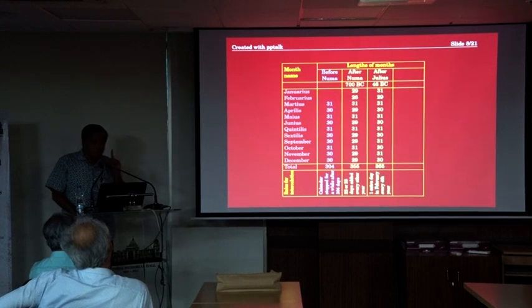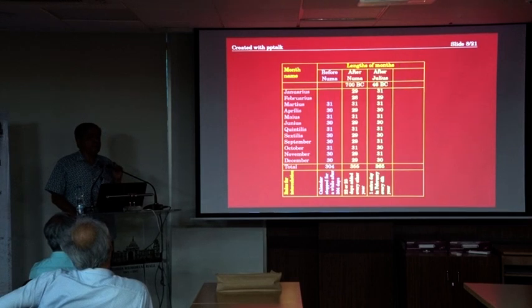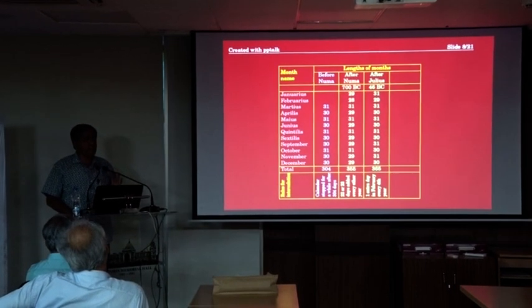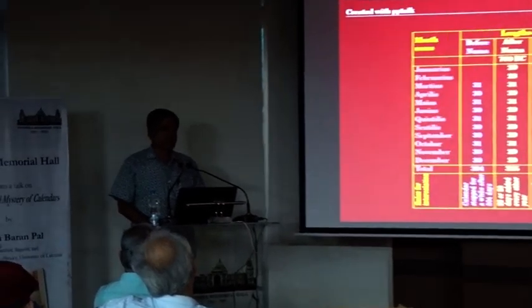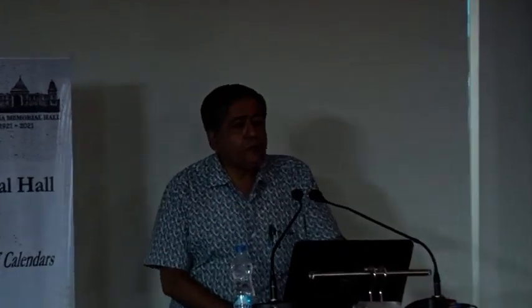Sosigenes knew that the year is not exactly 365 days. It's more than 365 days. At that time, they knew that it is 365 days, 6 hours exactly. Okay? So every 4 years, 1 day will have to be added somehow. So Julius also made this thing part of the ruling that he made.